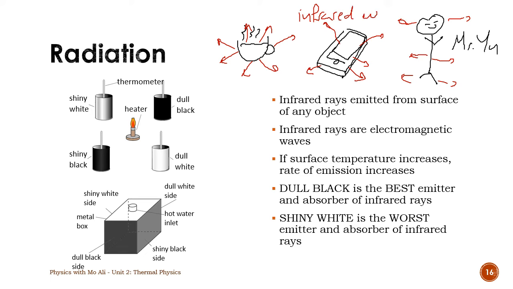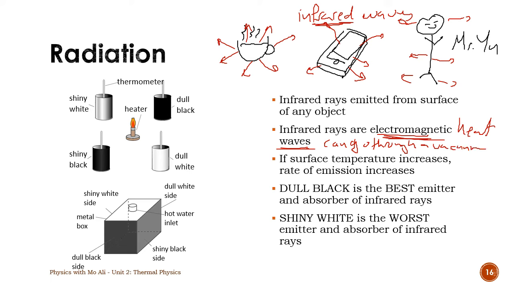radiation or waves. Now, infrared waves or rays are just a type of electromagnetic wave. As we've revised before, it's just the transfer of energy, and it transfers heat energy. Since it's electromagnetic, it can go through a vacuum, which means it doesn't really need matter.